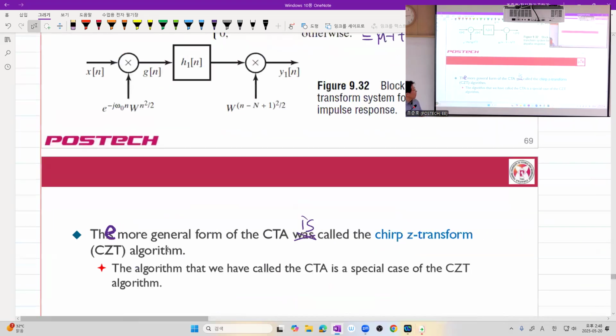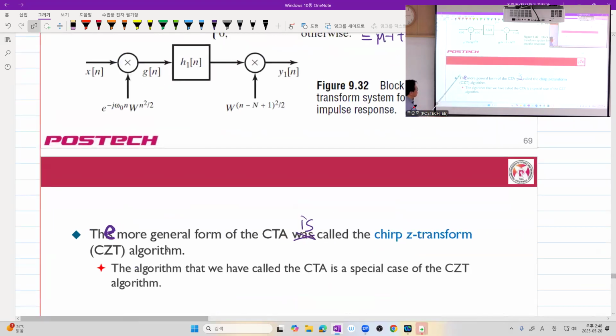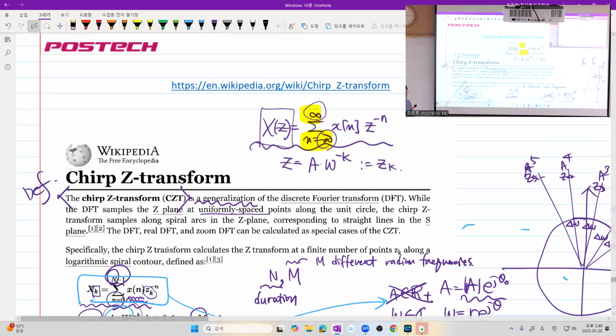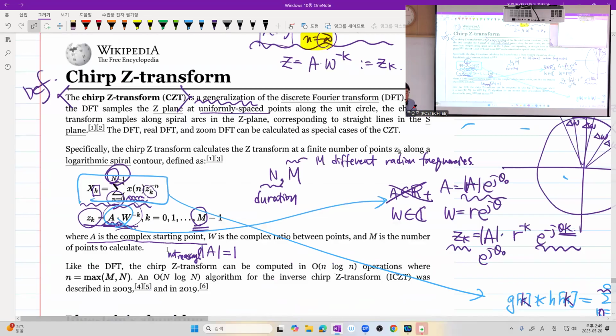By the way, our textbook says that the more general form of the chirp transform algorithm is called the chirp Z transform. And as I told you, the Wikipedia page is about the chirp Z transform. Now, let's find the difference.